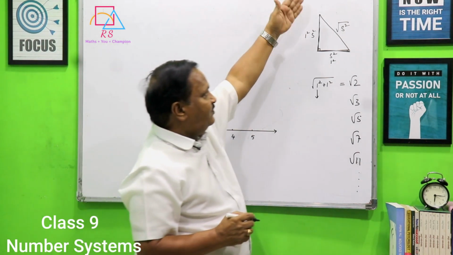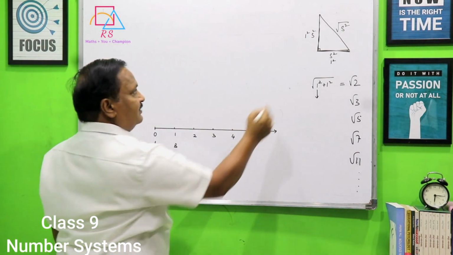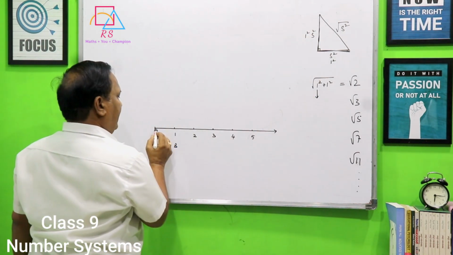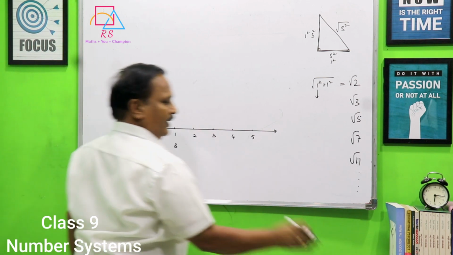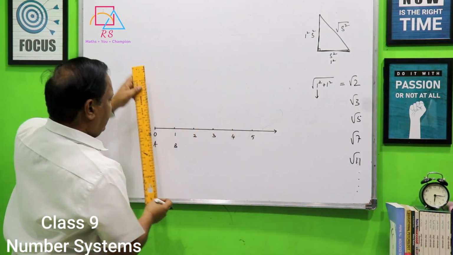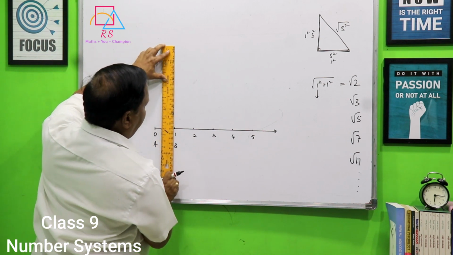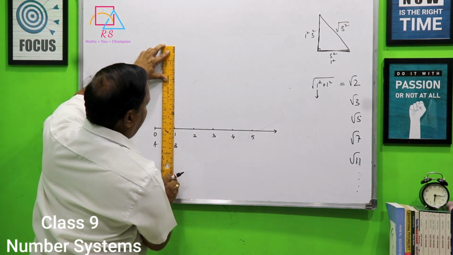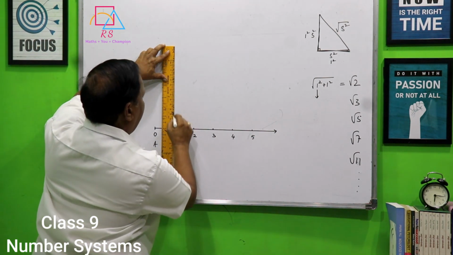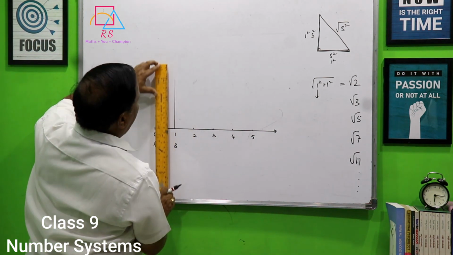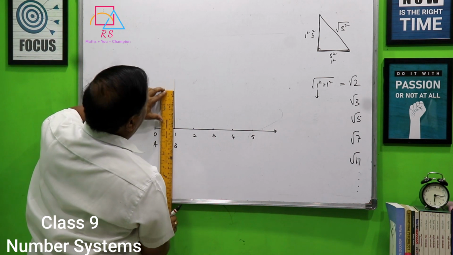Then we need this one. This perpendicular you can draw at 0 or at 1. That means you can draw the perpendicular here. You can draw here also. I'll draw here. This is perpendicular. I'll put the equal marks.